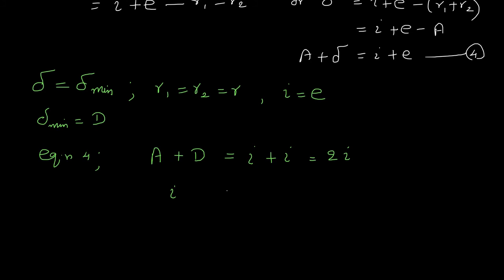So what is I from this equation? That is A plus D by 2. Very important equation, equation number 5.